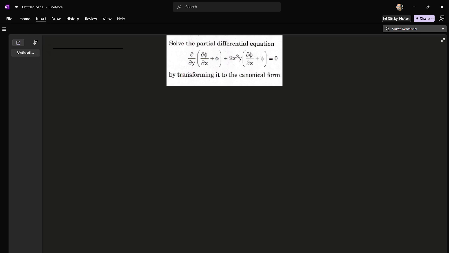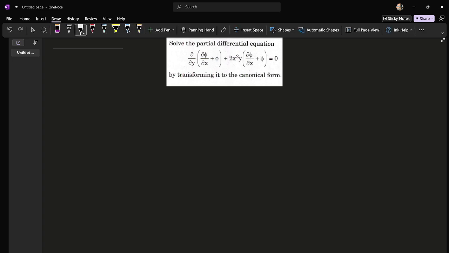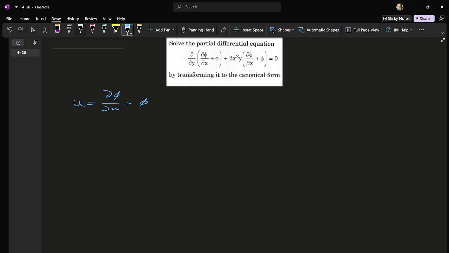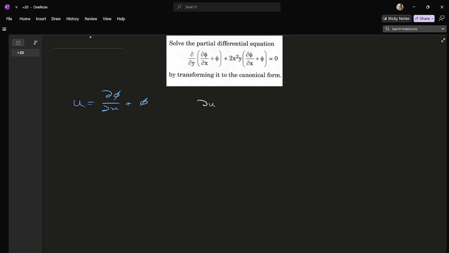Firstly, we can take u = ∂φ/∂x + φ. Now substituting u into the equation, we will rewrite the partial differential equation as ∂u/∂y + 2x²y u = 0.